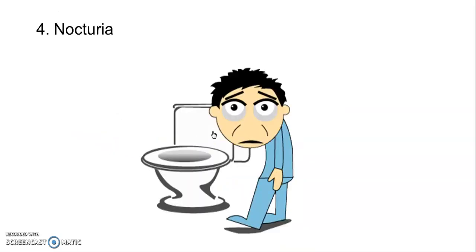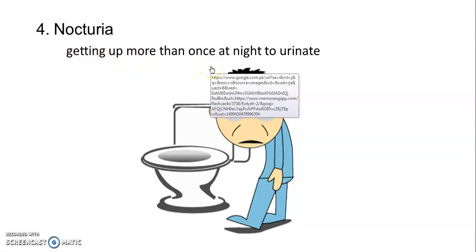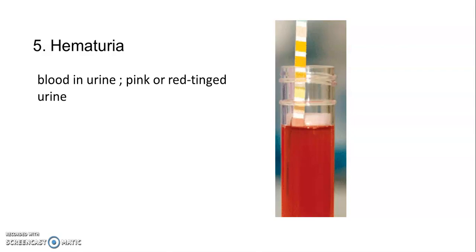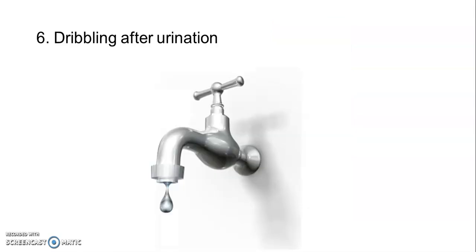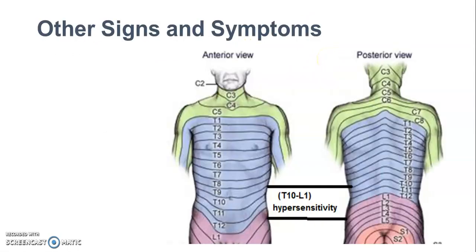Patient may complain about nocturia, getting up more than once at night to urinate. There can be hematuria, blood in urine, pink or red tinted urine. Patient may complain about dribbling after urination. There can be increased frequency, a need to urinate or empty the bladder more than every 2 hours.